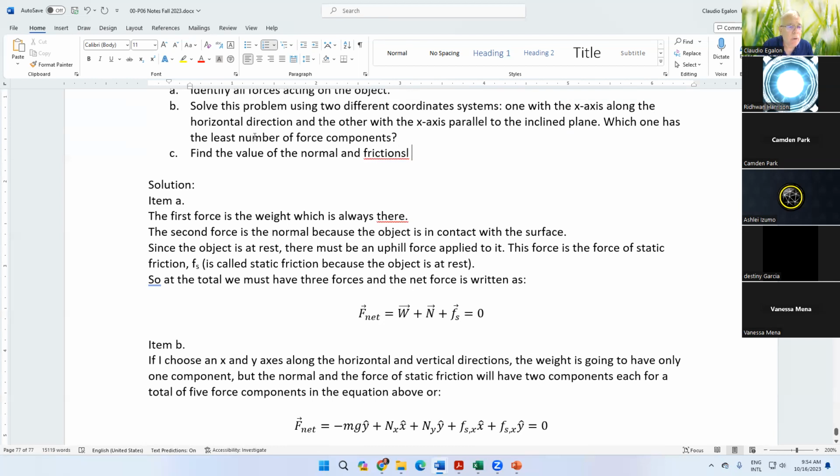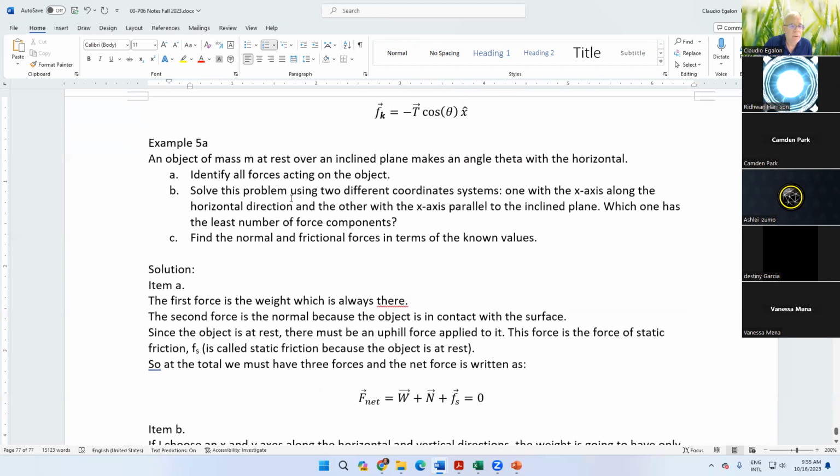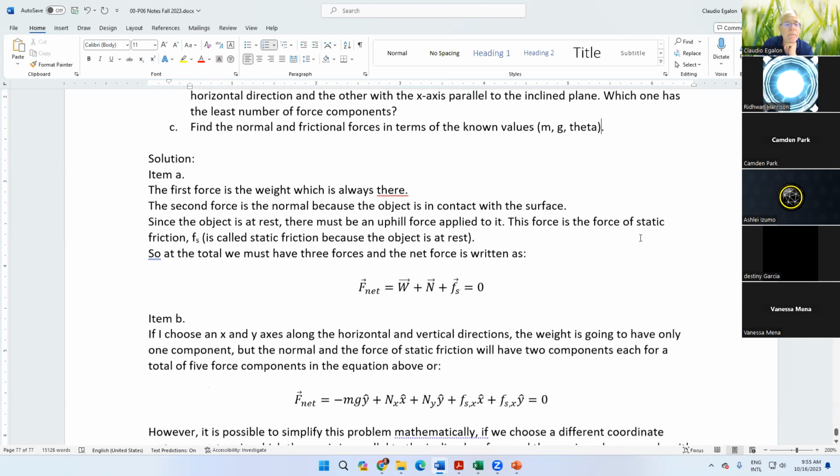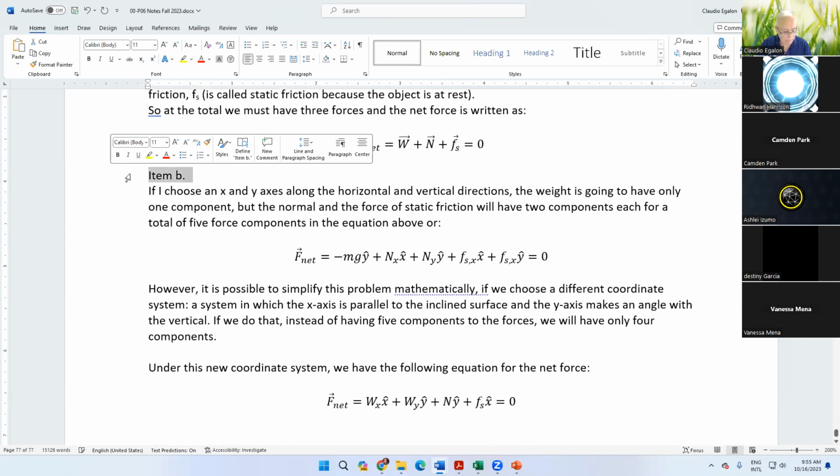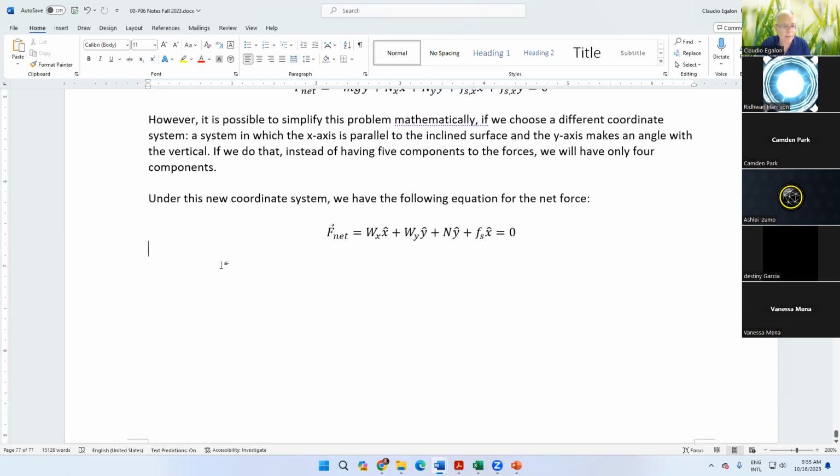Find the normal and frictional forces in terms of the known values. The known values are what? M, G, theta, right? Those are the known values. I can see. Let's do that.